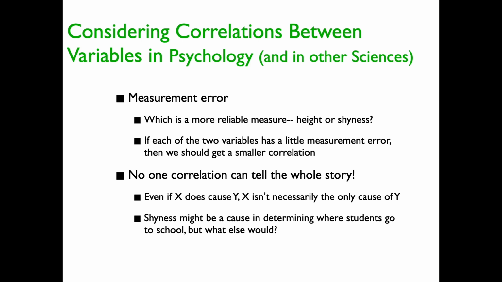And if we find that, for instance, shyness is one of the reasons, then it's not in itself going to be a big correlation between shyness and how far away you've traveled to go to university. So again, in psychology, we're usually looking at multiple variables causing changes in behavior. There's a lot of things that are determining our behavior, not just one variable.